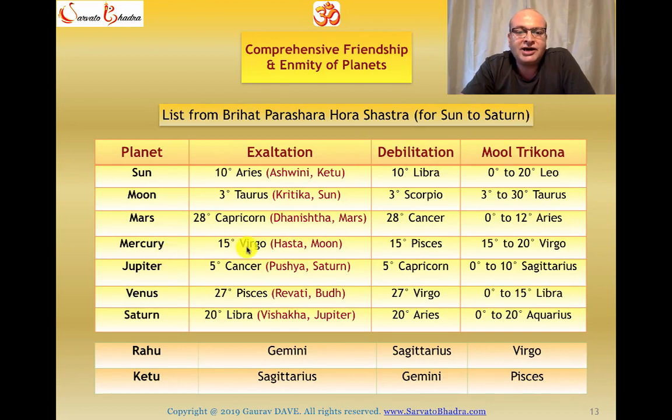Mercury has exaltation at 15 degrees of Virgo and 15 degrees of Pisces, the sign of two fishes, is where Mercury gets debilitation. From 15 degrees to 20 degrees of Virgo is the Mool Trikona sign of Mercury. The entire Gemini, which is lorded by Mercury, is his own sign.